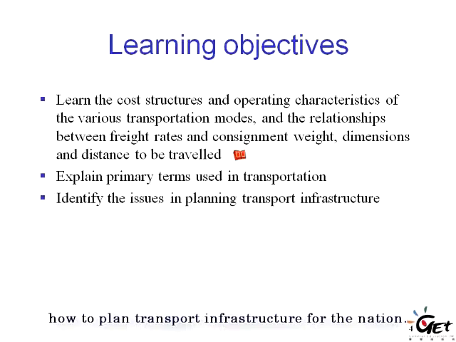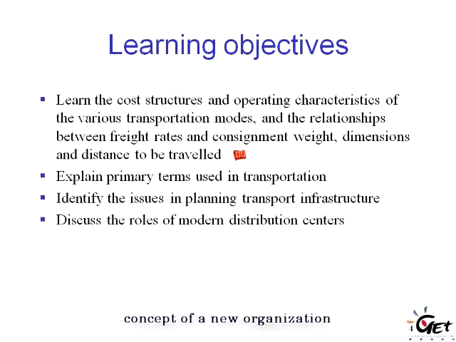And also, in this chapter, we will mention a concept, a new organization in a supply chain. Actually, we call this distribution centers. In the previous chapter, we talked about warehouses, warehouse operations, and we all know the functions or activities in a typical warehouse.